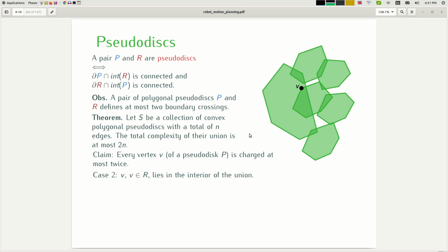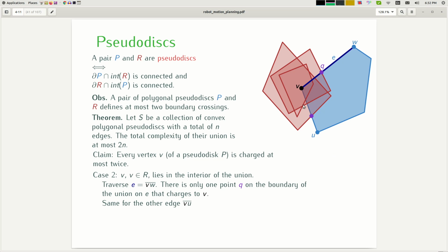So let's look at a vertex that is inside the union. Let's say vertex V1. How many charges could this vertex receive? Let's say it potentially receives a whole bunch of charges because of a bunch of intersection points. But we're going to claim that we reach a contradiction, because these intersection points are inside, and they will not be at the boundary.